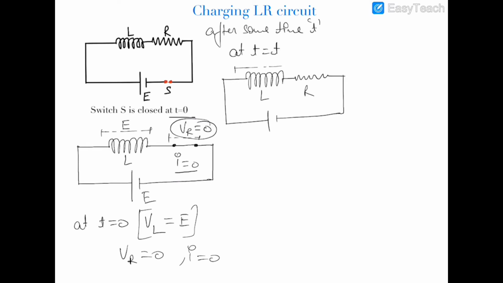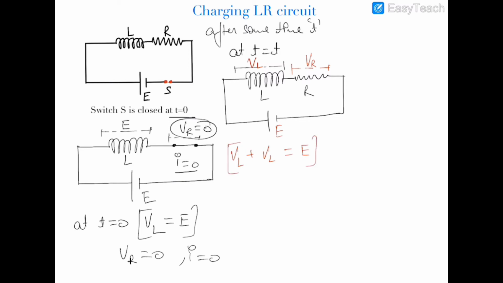So a part of that voltage is across inductor, VL, I will write in some different color. This is VL, and a part of that EMF is across this resistance, and it is VR. And also I can say that VL plus VR should be equal to E.